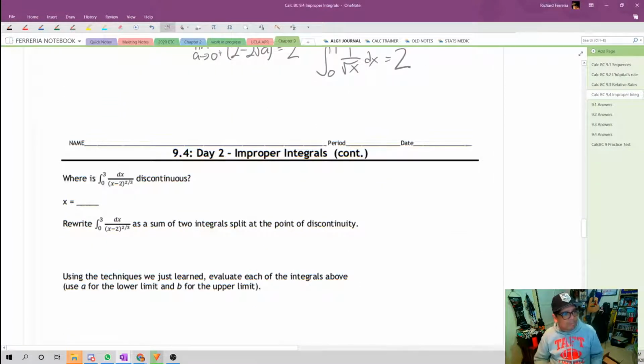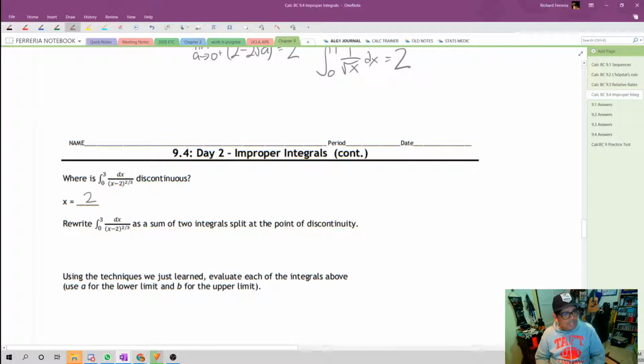What about this one? We've got the integral from 0 to 3 of dx over (x minus 2) to the 2/3. Where is this discontinuous? Looking at this, if I substitute 2 into the denominator, I'm in big trouble. So this is discontinuous at x equals 2.